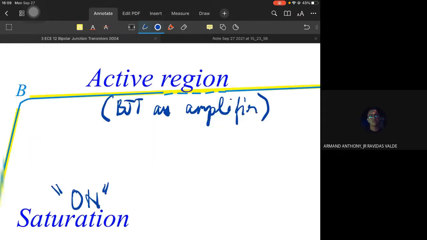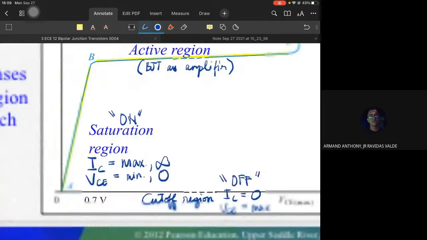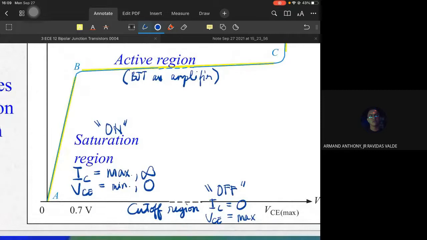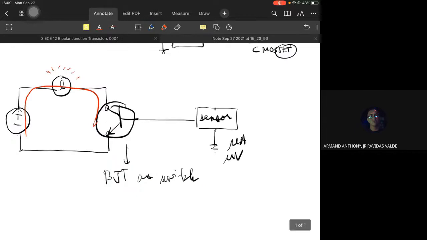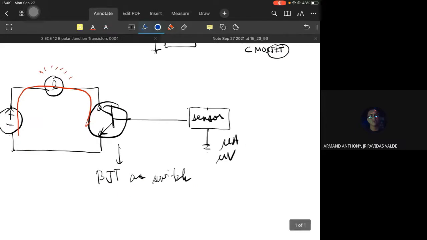But if we want our BJT as a switch, we operate it in both the saturation and the cutoff region. So ito akong example earlier, this BJT is operating in both the saturation region and the cutoff region.